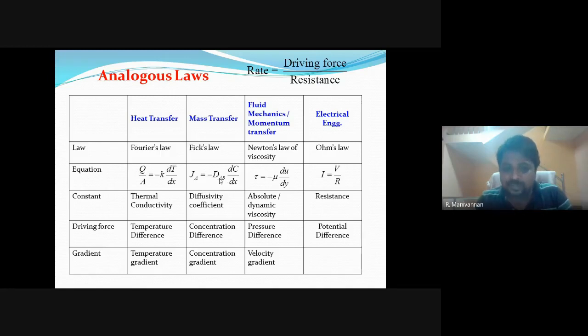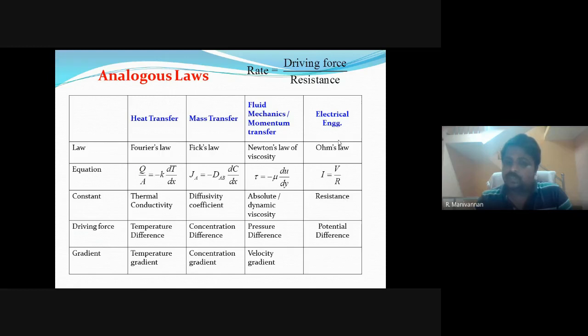In the case of Fick's law, in the mass transfer subject, it is D_AB, that is nothing but the diffusivity coefficient, and here the driving force is the concentration difference. Here it is du, that is we will have the velocity gradient and pressure difference, and here you can write the absolute dynamic viscosity.